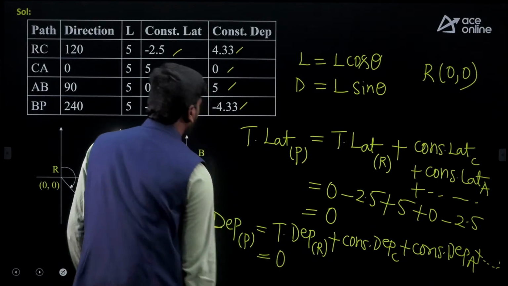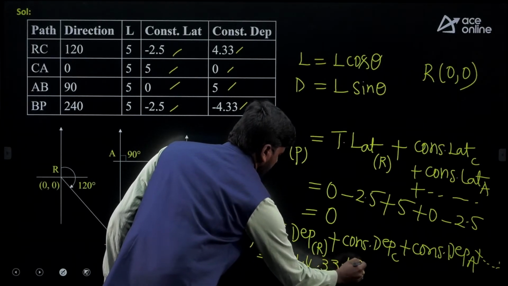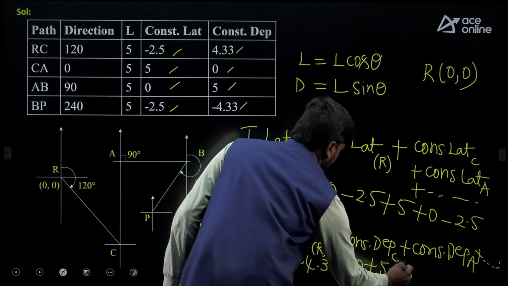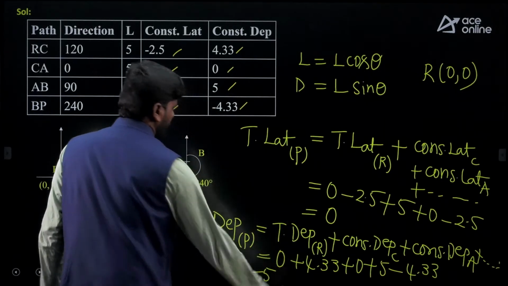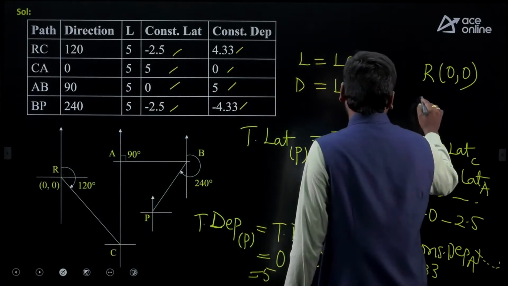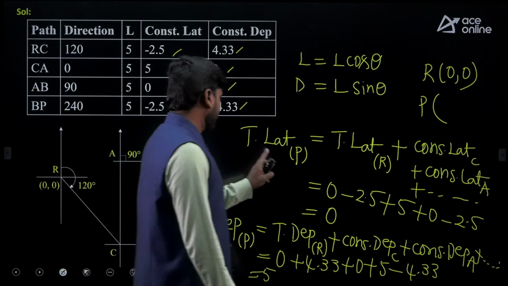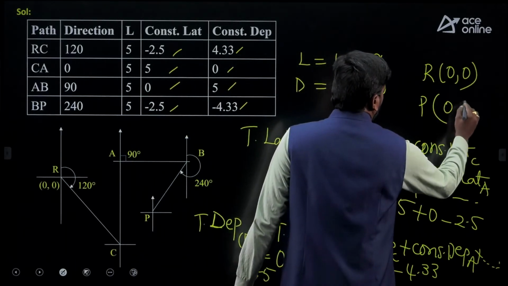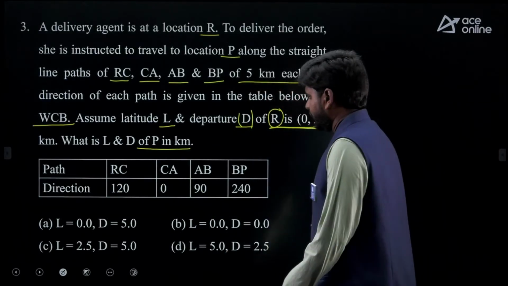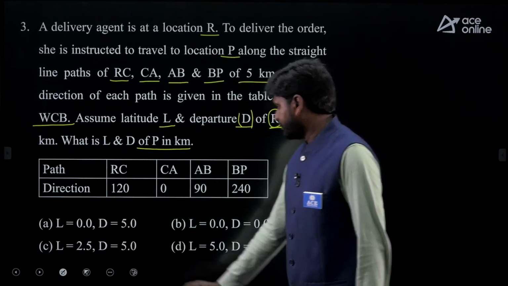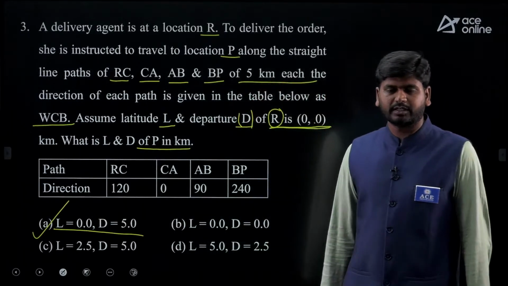So substitute 0 plus 4.33 plus 0 plus 5 minus 4.33. So the answer is 5. So the total latitude and departure of point P is 0, 5, right? Let us check the options, where it is latitude 0, departure 5. So option A. These are the questions from surveying.